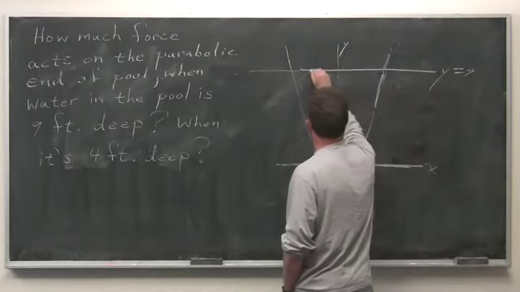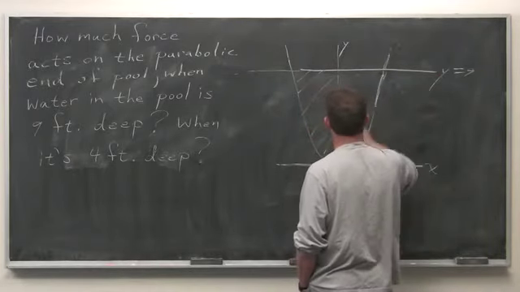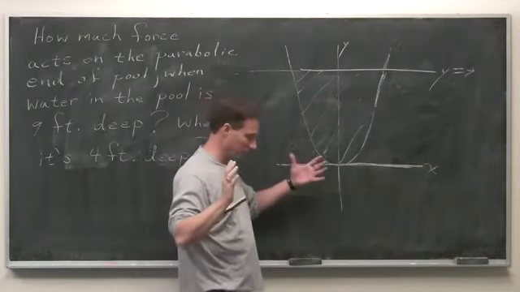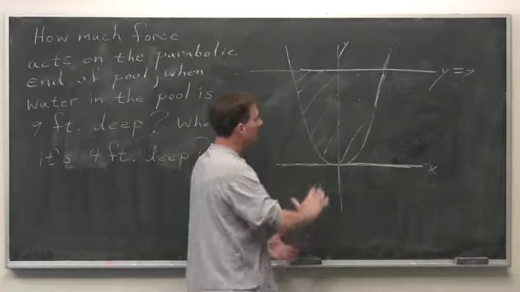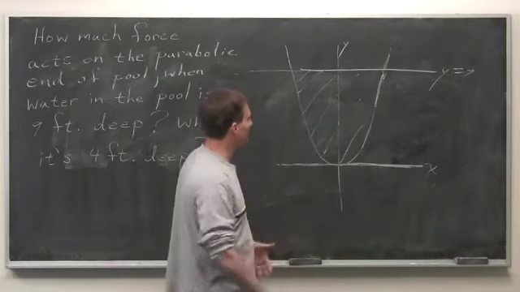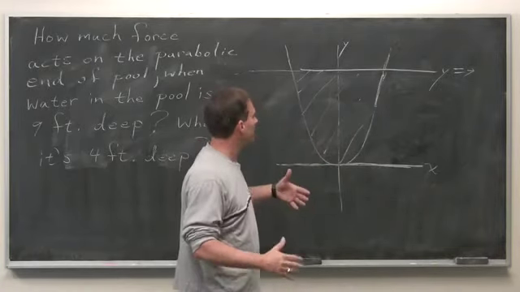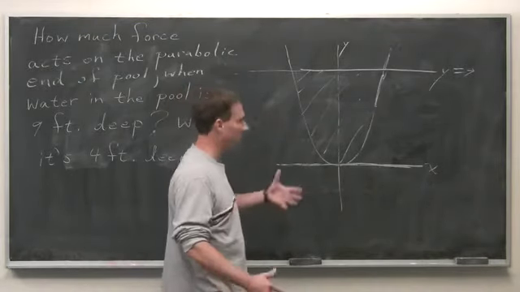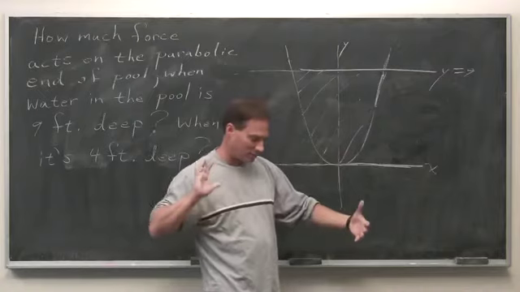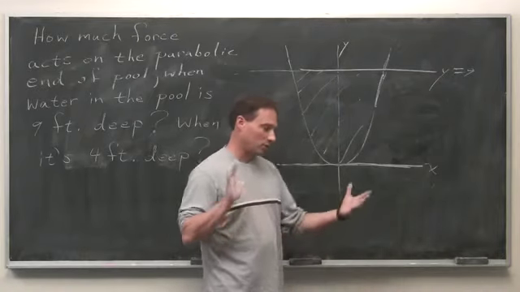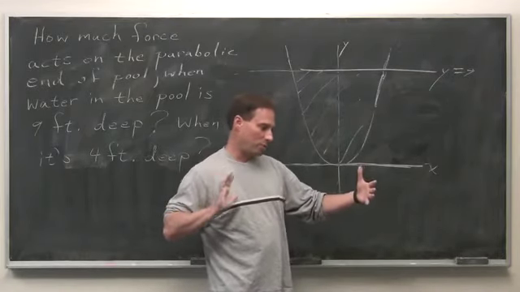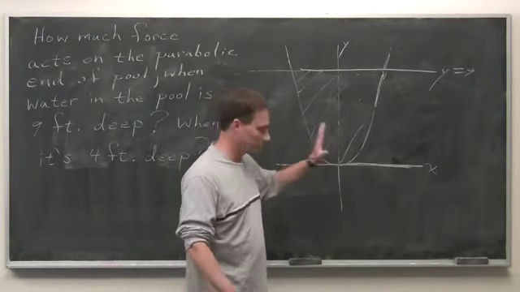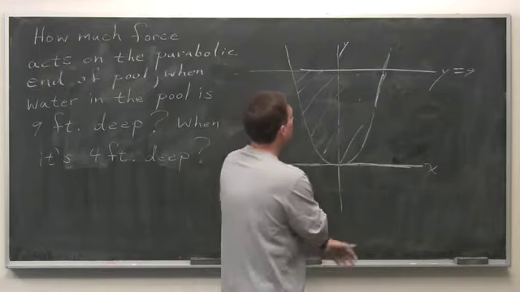I'm assuming that it's full of water. This is an end view. We're looking from either inside the pool towards this end or from outside the pool back the other way. But since we would like for our force to come out to be positive, I'm going to assume we're looking from inside the pool, and we're talking about the force that the water pushes against the pool with. So I'm going to get positive force because I'm going to say that's the positive direction.